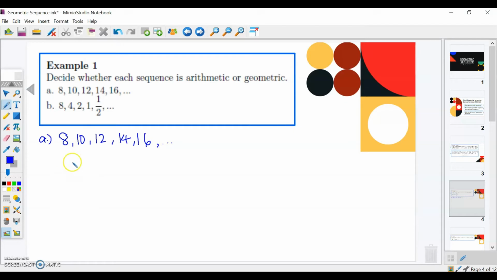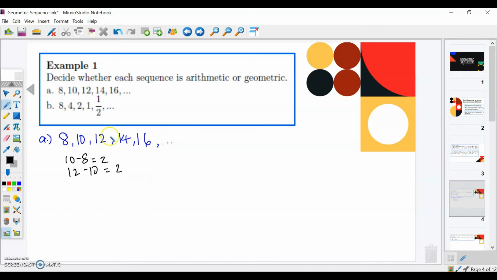First, let's determine whether this has a common difference. I'll take any two consecutive terms and subtract them. I will consider 10 and 8; subtracting them gives me 2. I will take another two consecutive terms, 12 and 10, and this also gives me 2.